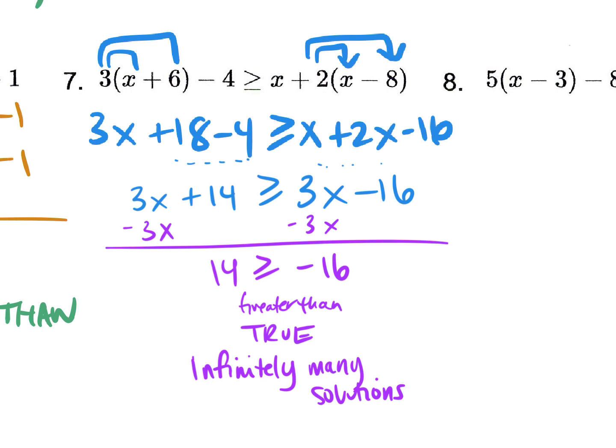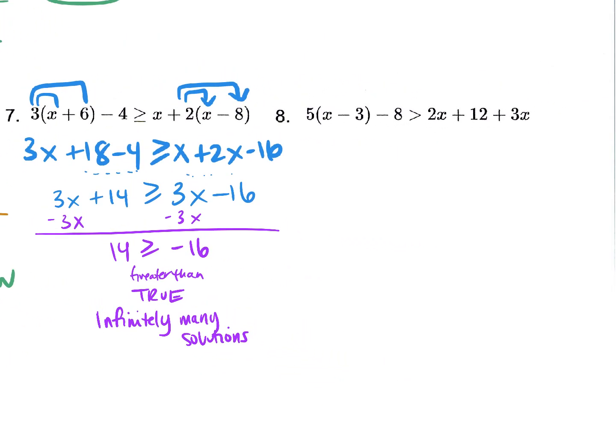Number 8, we're going to do the distribution again. So we're going to have 5x, 5 times negative 3, minus 8. Whew, these are rough. And then 2x plus 12 plus 3x.